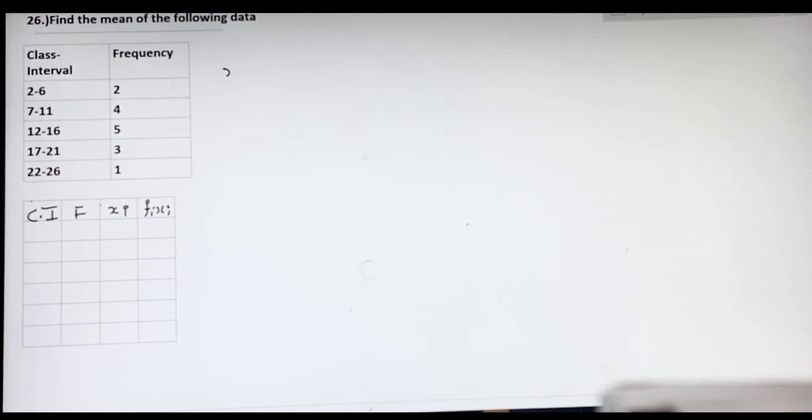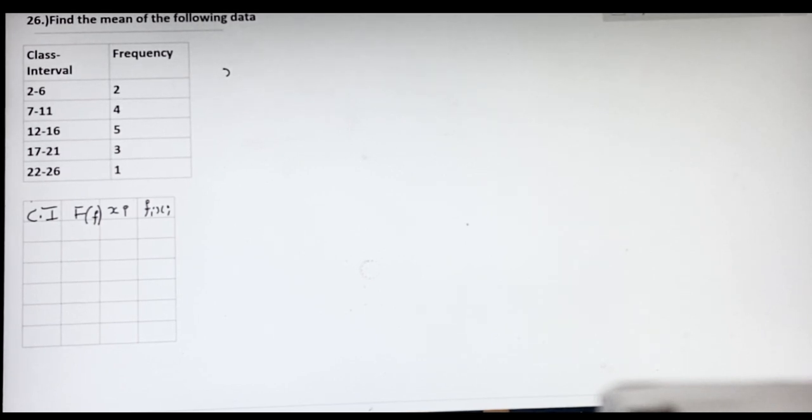So this frequency, how do we represent this frequency? In small letter f. Okay, so now for class interval we need to just copy the same data here, that is column 1 and column 2, same as the given data.